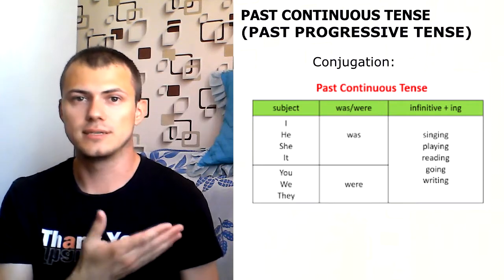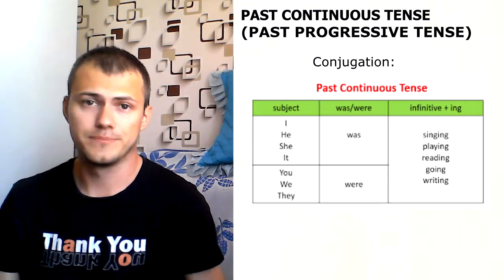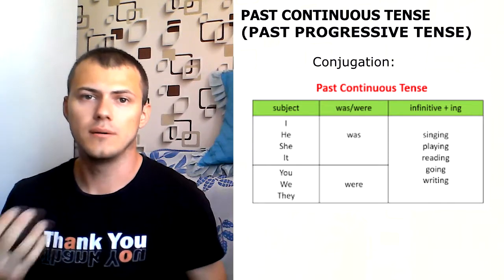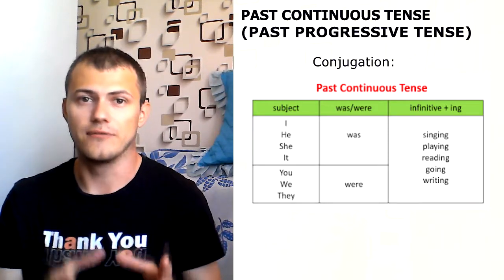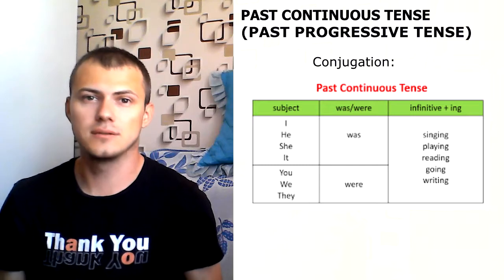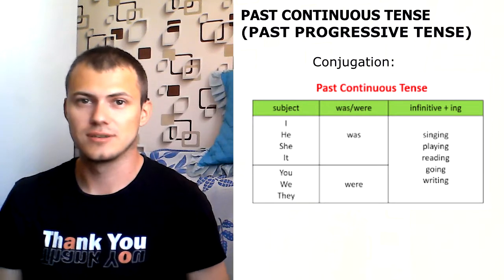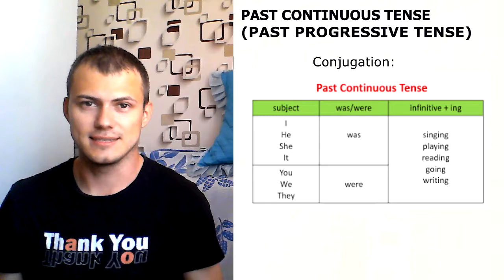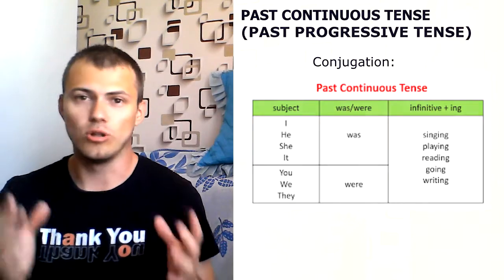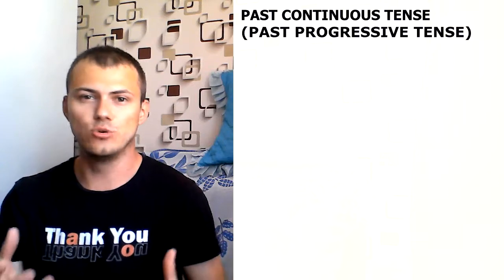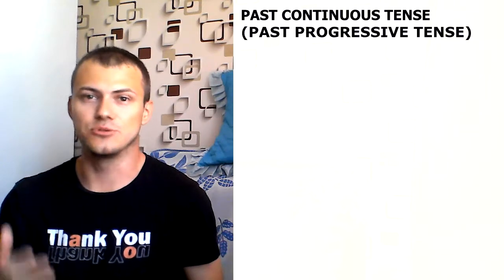So you can see in this table how we must use the verb to be depending on the subject of our sentence. So let's move on and take a closer look at the main usages of the past continuous tense.